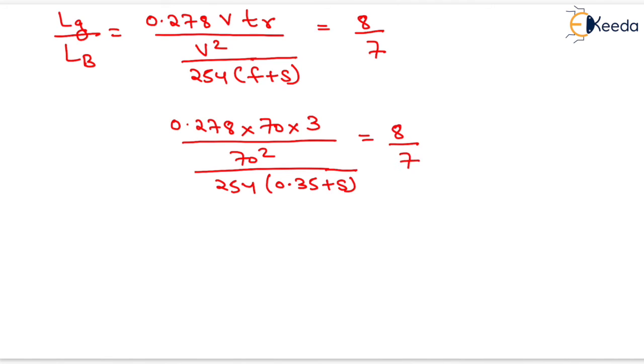On solving this, we will get the value of S as 0.02765. Now we generally want the value of S in percentage, so it will be equal to 2.76 percent. That will be the value of S.